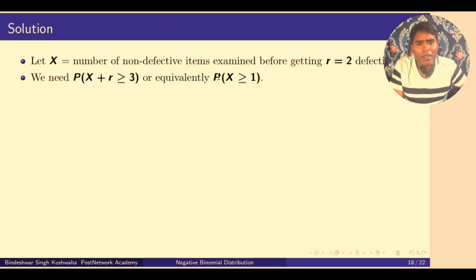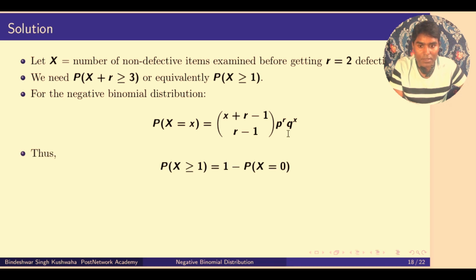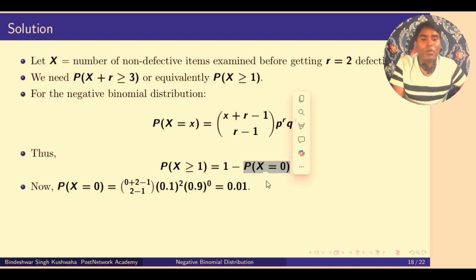Or equivalently, if you solve, X is greater than or equal to 1. For the negative binomial distribution, you know the probability mass function: X plus r minus 1 choose r minus 1, p raised to r and q raised to X. So X greater than or equal to 1 can also be expressed as 1 minus P of X equal to 0. For X equal to 0, we will find the probability and subtract it from 1.